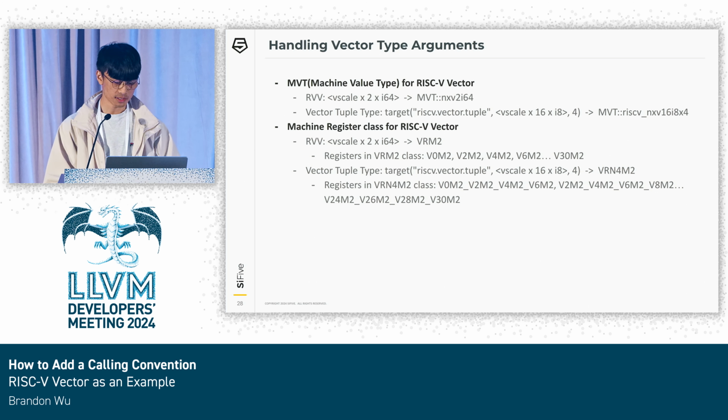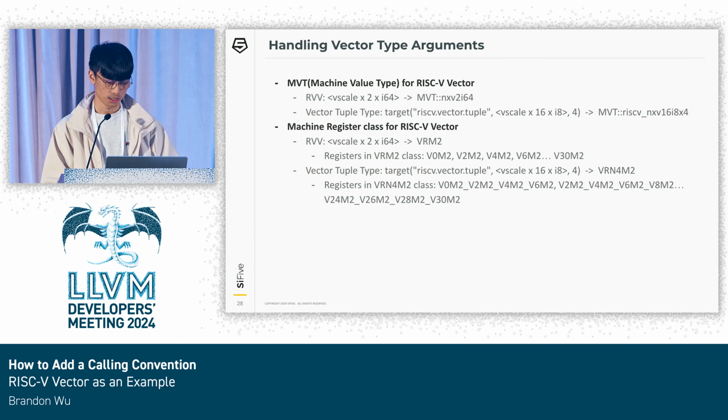And it's obvious that RVV types can be directly lowered to scalable vector MVTs, which were introduced by SVE. However, in RISC-V, we introduced new MVTs for vector tuple types. During instruction selection, target extension type is converted to its corresponding MVT with LMUL and NF information.